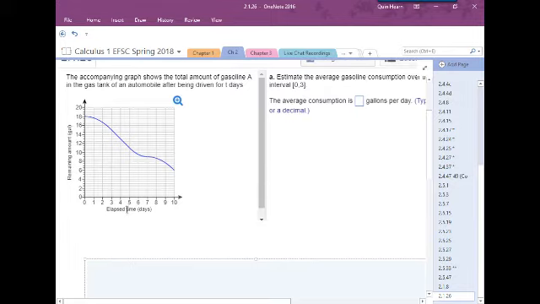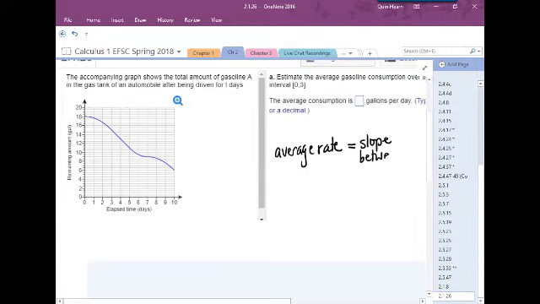Okay, and so whenever you see average consumption or average rate of any kind, we're just talking about a slope between 2 points. So average rates, an average rate equals a slope between 2 points.